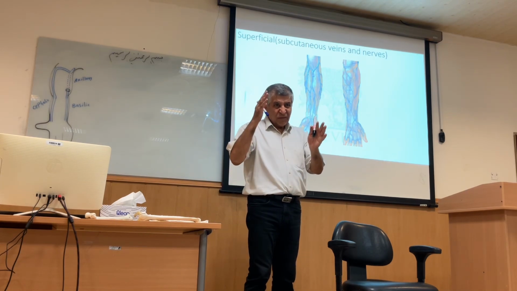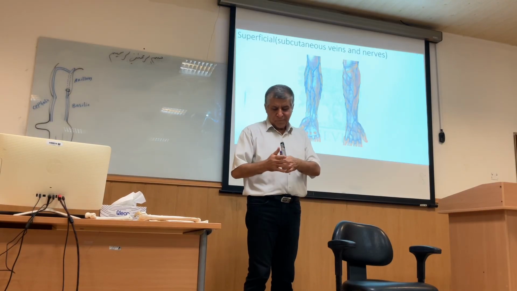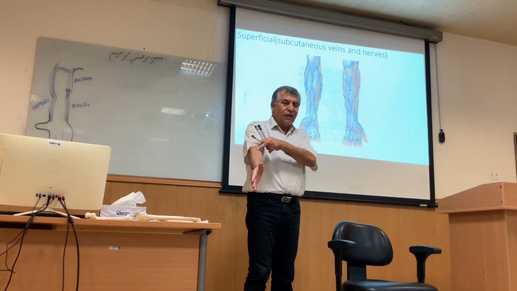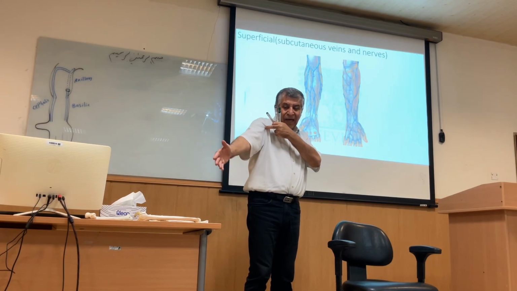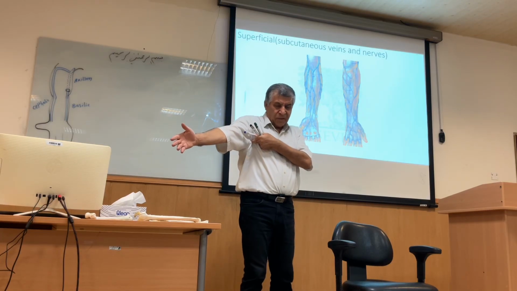Next, between 10 o'clock and 12 o'clock. Okay? Cephalic vein ascends into the forearm, ascends into the arm, and drains into the basilic vein.